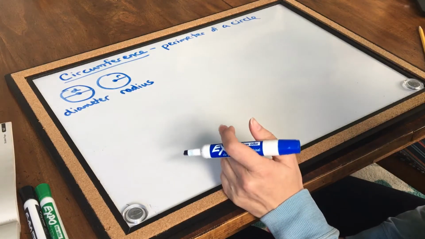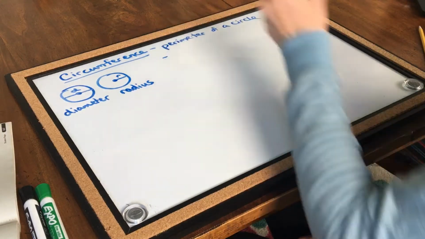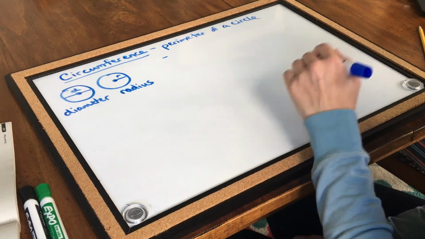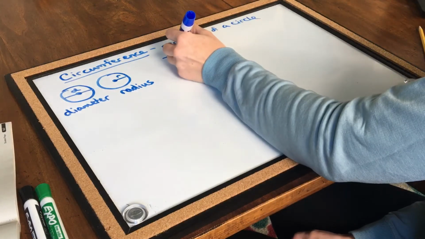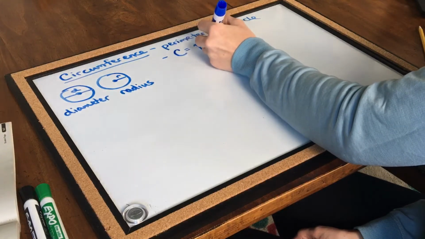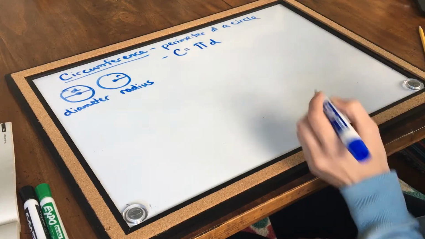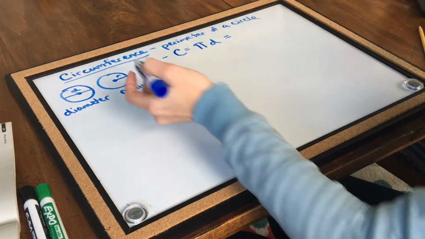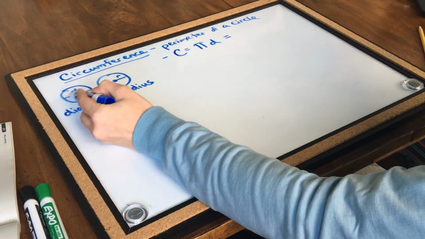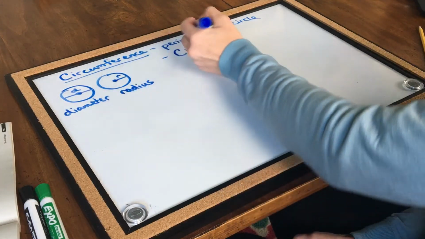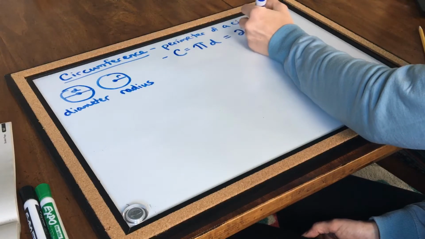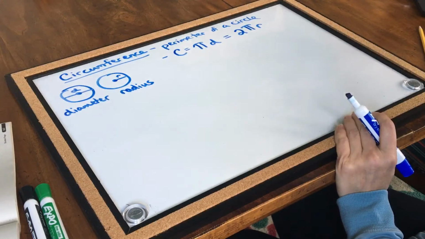There are two formulas for the circumference of a circle, and these are ones you should memorize. They're really important. You're going to use them for years and years as you go on with math. So circumference of a circle is either pi times the diameter, or, because the radius is half the diameter, or maybe we should say the diameter is 2 times the radius, sometimes they call this 2 times pi times the radius, okay?